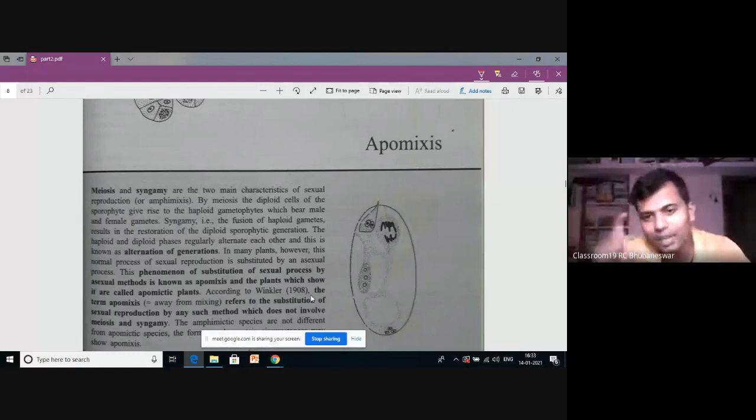The gynoecium has a carpel, consisting of stigma, style, and ovary. Inside the ovary the ovule is present, and inside the ovule the embryo sac, and inside it the egg.